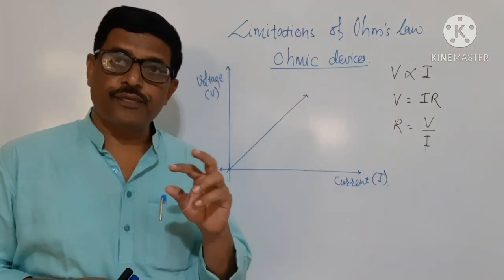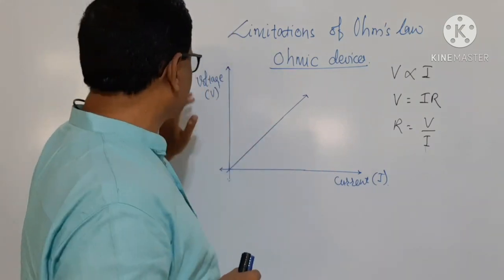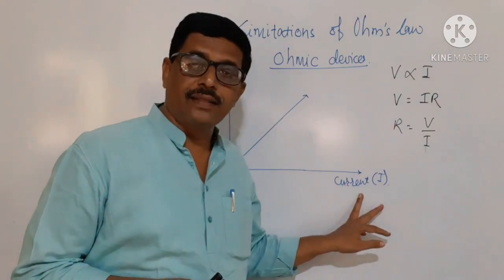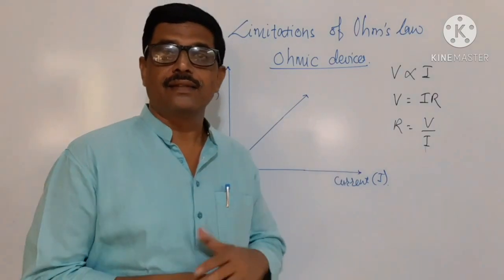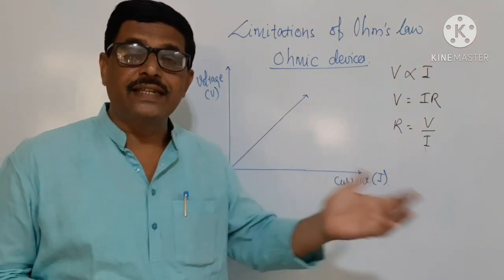And if a graph is plotted between the two variables, one is the potential difference voltage V and the current I, then the nature of a graph is a straight line. Therefore, it shows that the relation is linear.